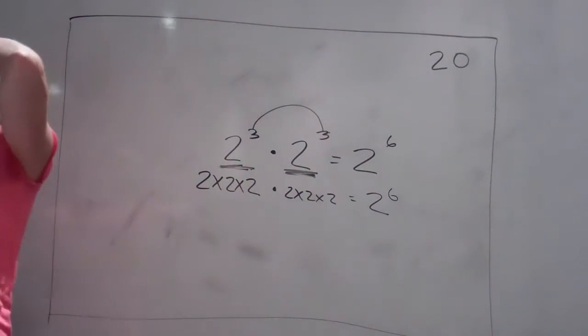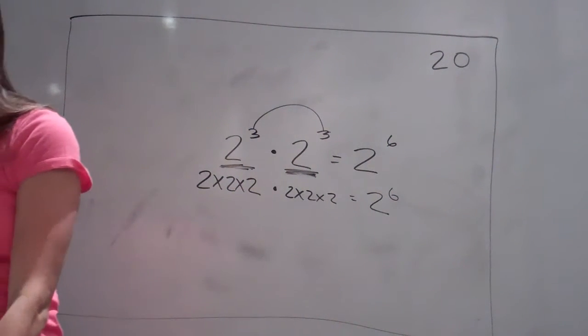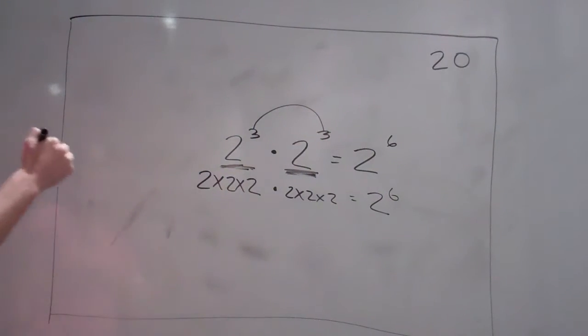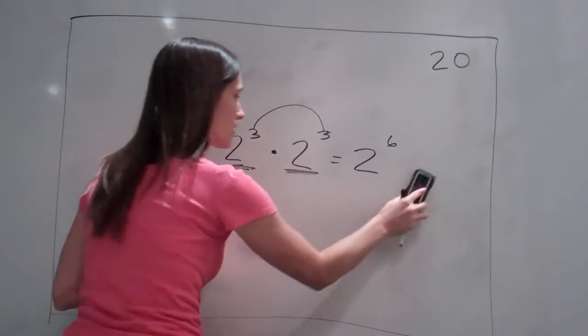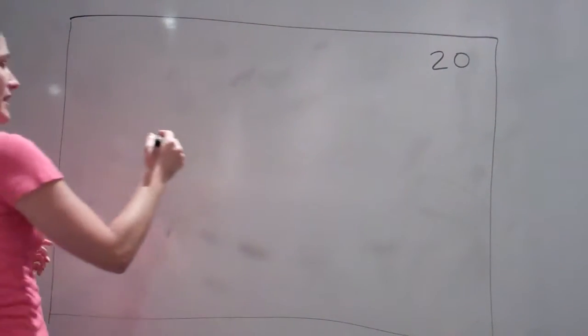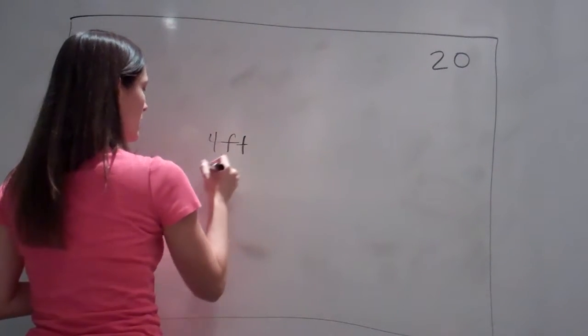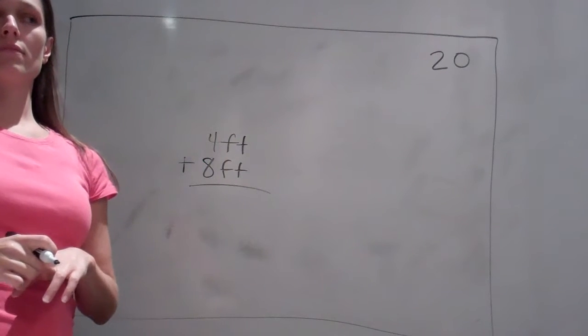All right. Now, this is kind of moving on to a different category. If I said 4 feet plus 8 feet, what would I get? 12 feet.